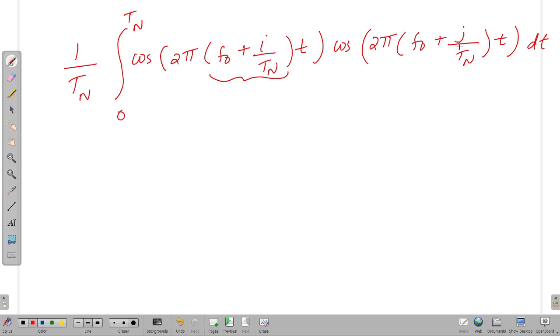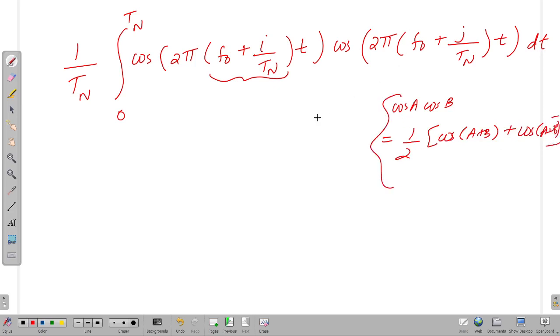And this I and j are two integer numbers, and we apply the formula cos a into cos b equals 1 divided by 2 into cos(a plus b) plus cos(a minus b). We'll apply this formula here.